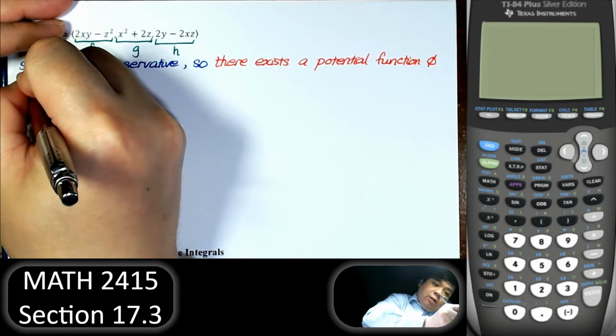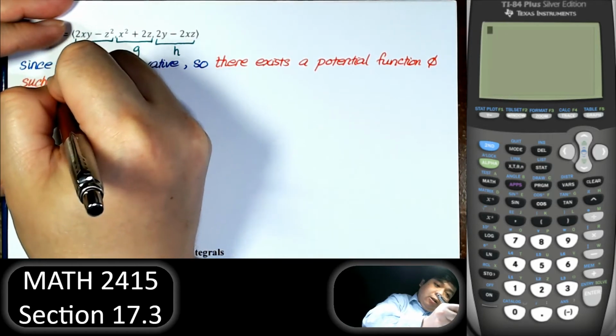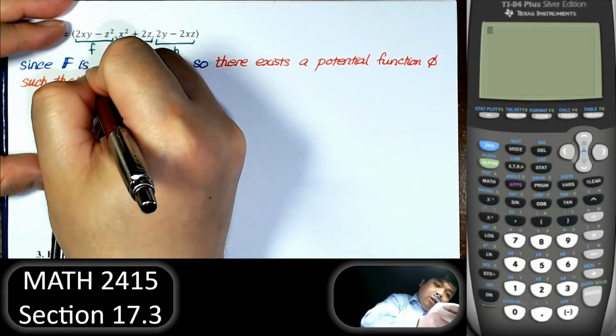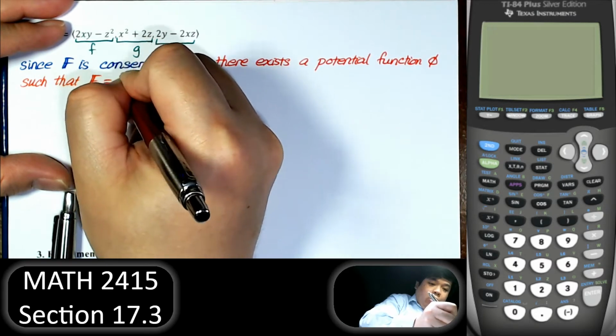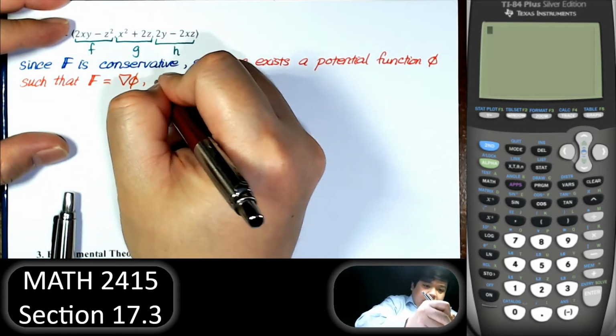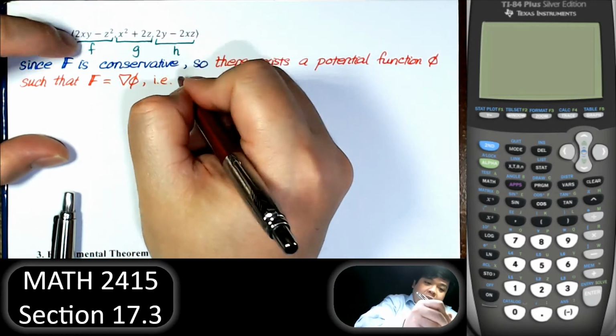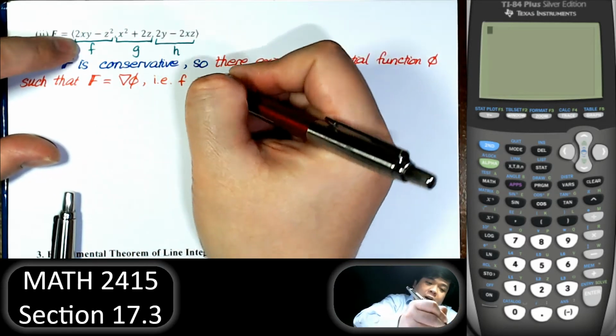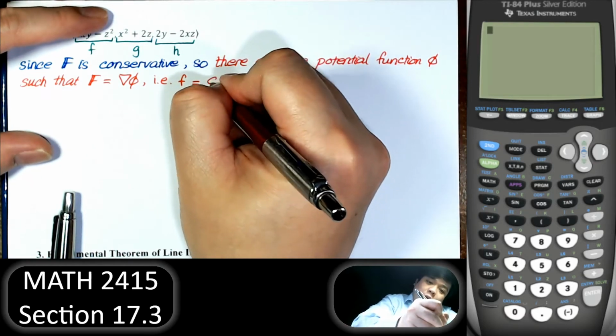Just that the vector field is equal to the gradient of that function, meaning that each component function of the vector field is equal to the partial derivative.